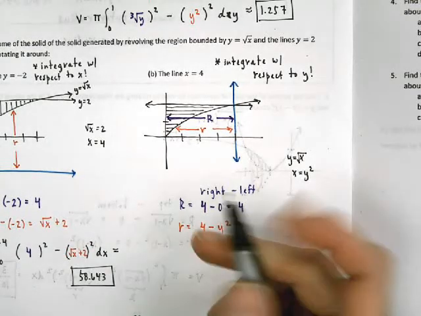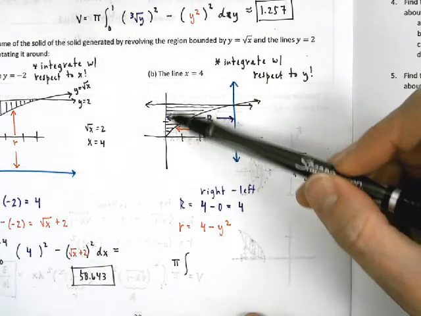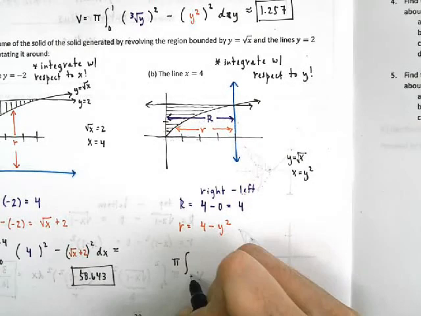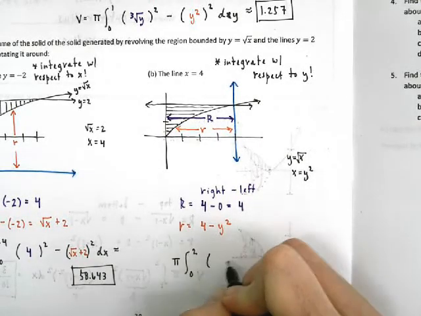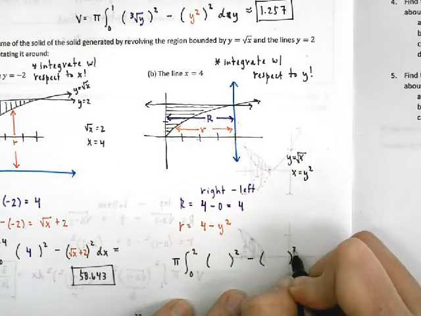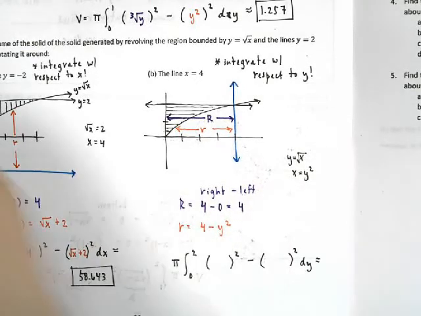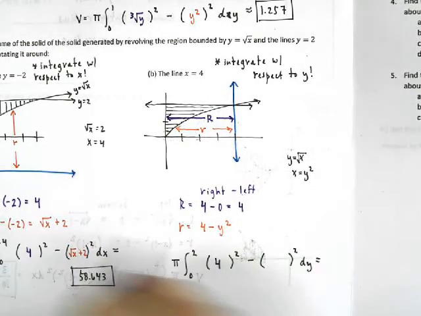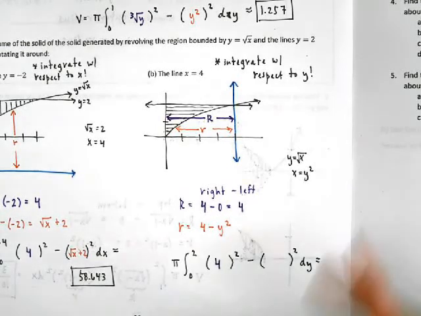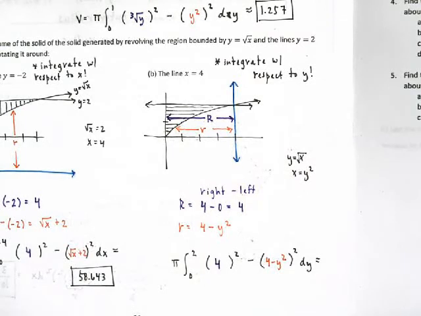And again, now we can do our integration. I'm doing pi times the integral. My limits are the y values, so I'm going from 0 to 2. And I'm going to do my big R squared minus my little r squared, and I'm integrating now with respect to y. So my big R is 4. My little r is 4 minus y squared, and then we go to our calculators.